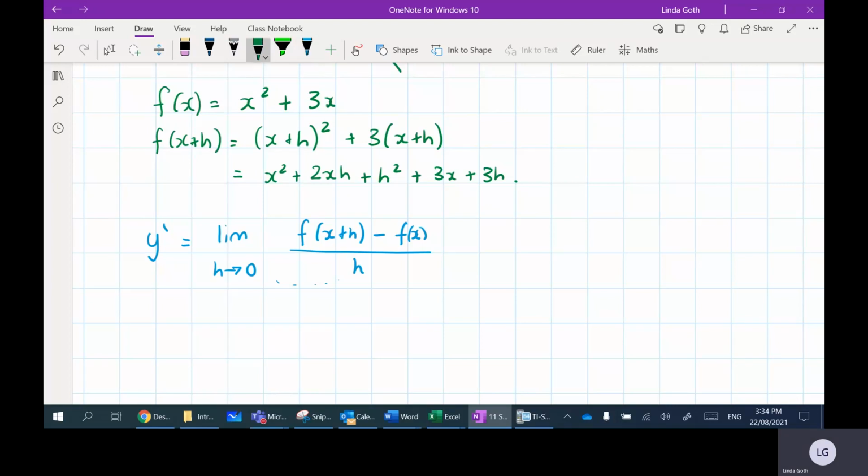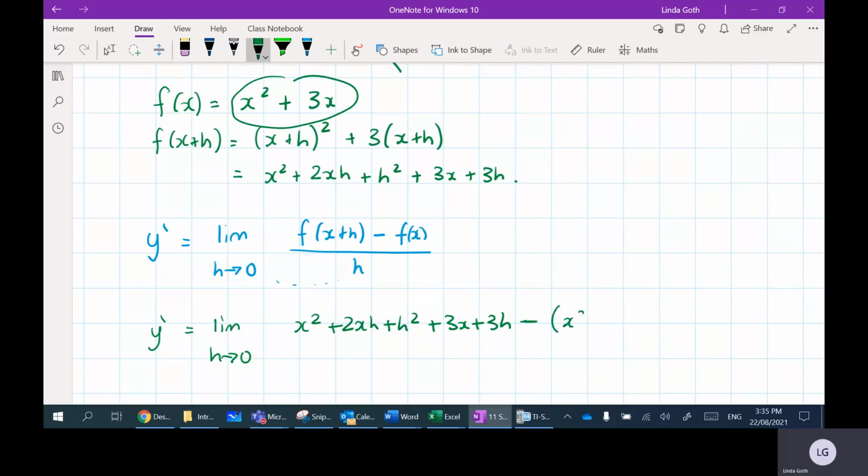We know something's got to change here because we can't have a 0 there. So let's substitute our values of f of x. y dash is equal to the limit as h approaches 0 of x squared plus 2xh plus h squared plus 3x plus 3h minus, we have to be careful here, it's minus f of x, and f of x is all of this, so it's minus x squared plus 3x, all over h.